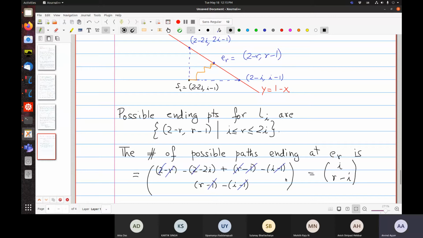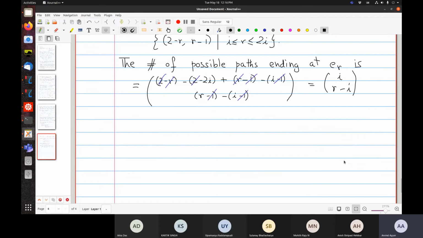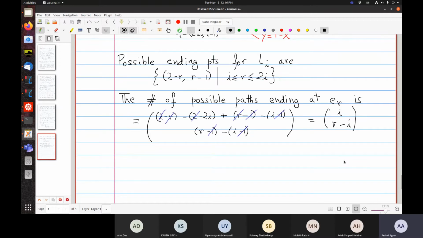Right? So this makes sense because if r is smaller than i, you will get something negative, and so the binomial coefficient will be 0. And if r is greater than 2i, then r minus i is greater than i, and so you will have something where the lower index is larger than the upper index, and so that binomial coefficient will also be 0. Okay? Okay, so this is the number of paths ending at E_r. Okay.